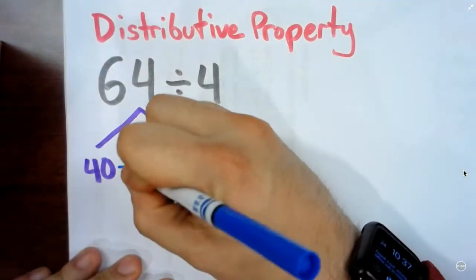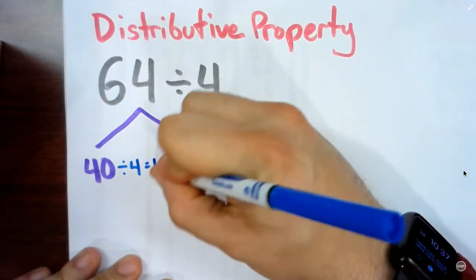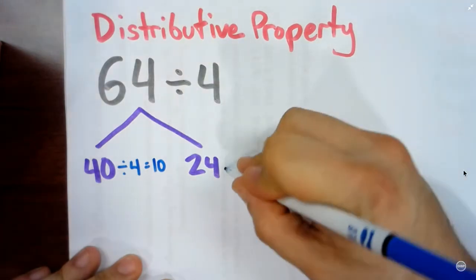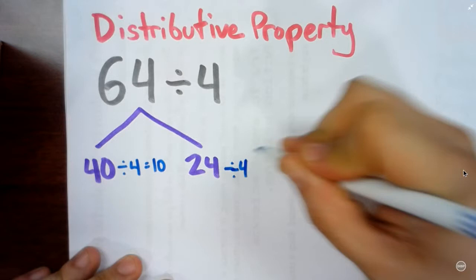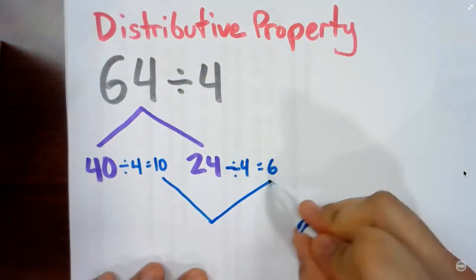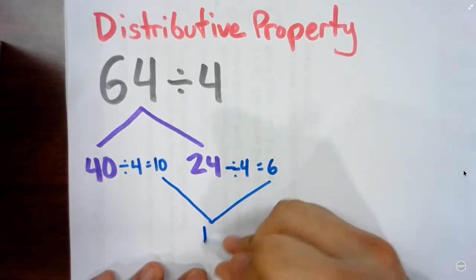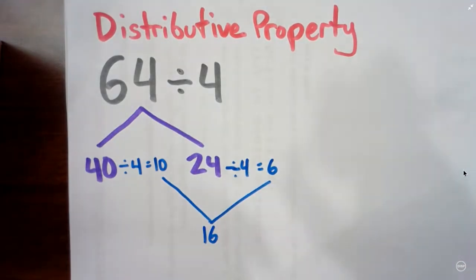I know that 40 divided by 4 equals 10. I know that 24 divided by 4 equals 6. And now all I have to do is put both of those partial quotients together, 10 and 6, and that gives me 16.